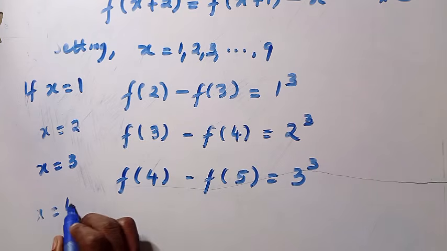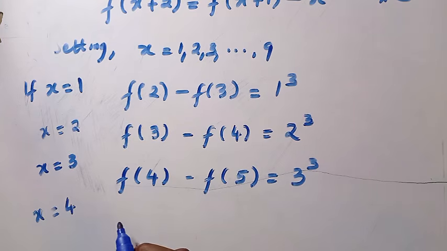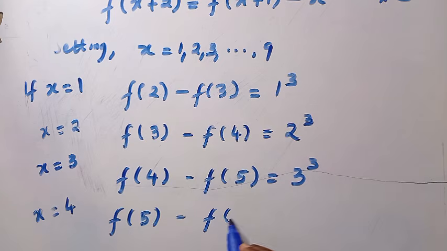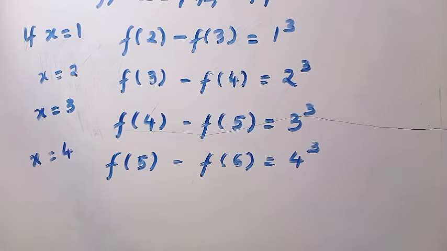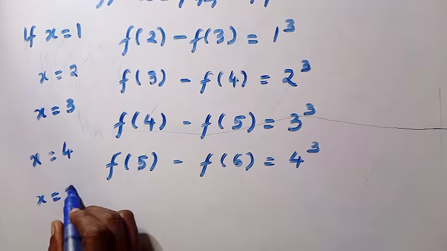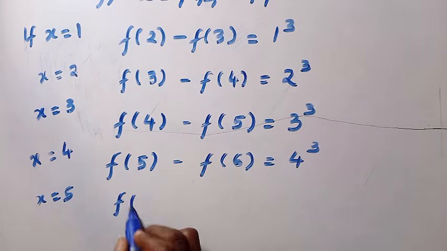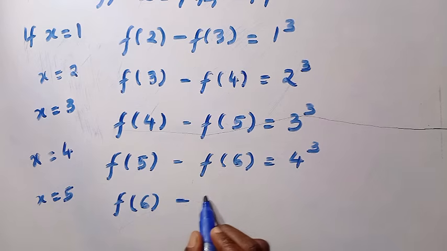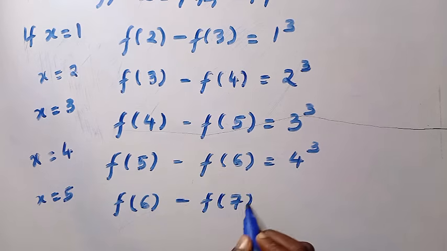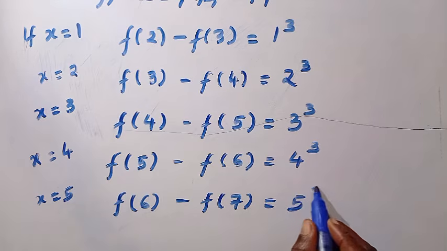If x equals 4, since we are going from x equals 1 to 9, we have f(5) minus f(6) equals 4 raised to the power of 3. And if x equals 5, we have f(6) minus f(7) equals 5 raised to the power of 3.